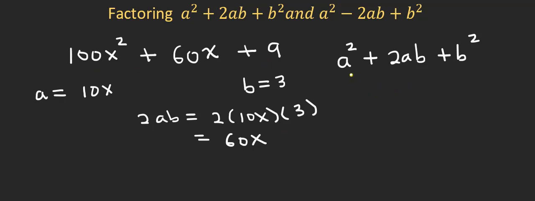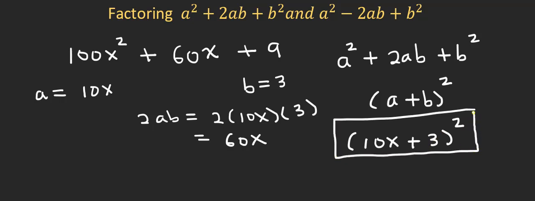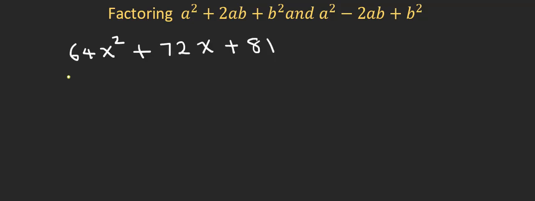Remember, a squared plus 2ab plus b squared is the same thing as the quantity a plus b squared. So now let's substitute. What is our a? 10x. What's our b? 3. So it's the quantity 10x plus 3 squared. That is the answer.